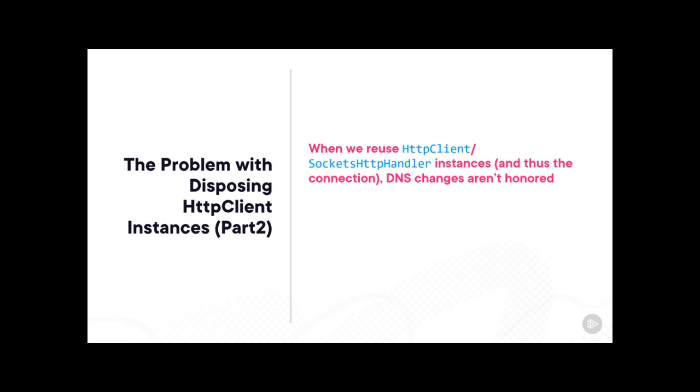But that means that DNS changes, domain name system changes, are not honored. And that's a problem, as using a DNS change to switch between environments, like switching from staging to production, is a common scenario. If the change isn't honored, requests would still go to staging instead of to production.